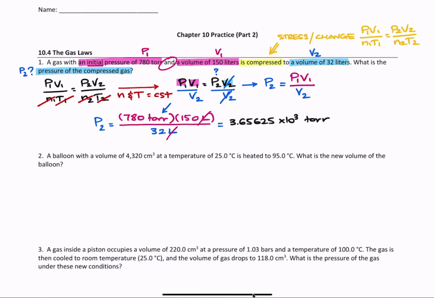Sig figs wise, 2 sig figs here. Remember that the trailing zero here doesn't count because there's no decimal. 2 sig figs here, 2 sig figs here. So your answer is given to 2 sig figs as, rounding up the 5, 3.7 times 10 to the third torr.